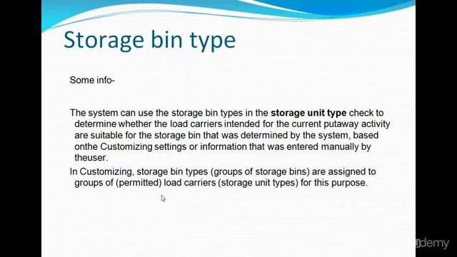If it is 10 pieces, it would be 2 pallets. Likewise, once it picks up the storage unit type P1, it would go and check in the customizing whether this P1 is assigned to the bin, say B1, which is of 1 meter height, and then this P1 will always go into the storage bin type B1.